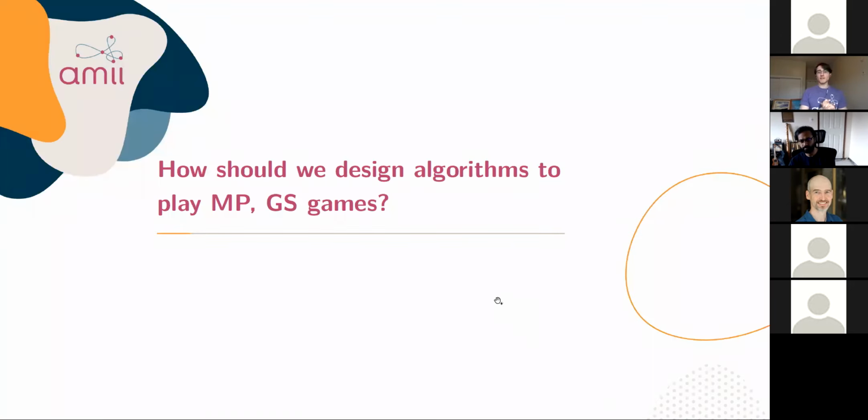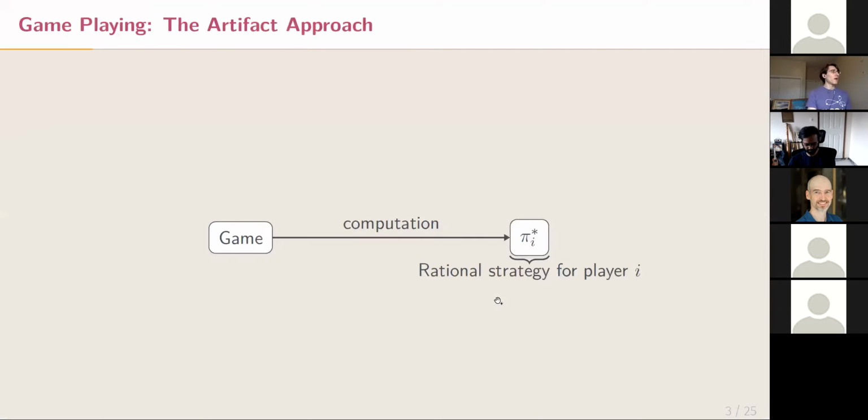Okay, so I'll get into the first bit, thinking about how broadly we should design algorithms to play multiplayer general sum games. I'll start with a common approach that we're calling the artifact approach to game playing. This is where we take a game, we do some computation on it, and we have that computation spit out some static artifact, some fixed strategy that we're going to use to play the game in the future.